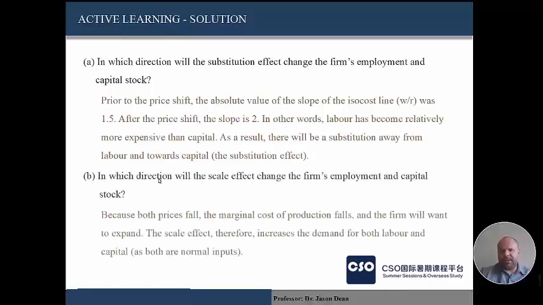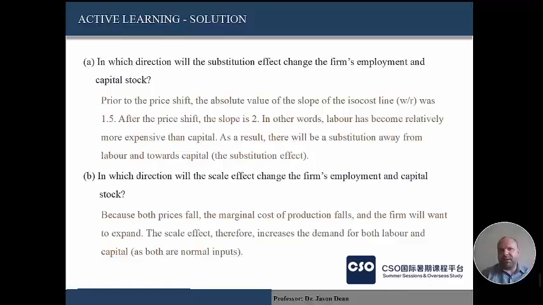Now B asks us about the scale effect. Well, in this case, we have two prices have fallen and their input prices. So all that's going on here is that the marginal cost curve is shifting down. Costs are cheaper. And so in terms of the scale effect, the firm's going to want to produce more.